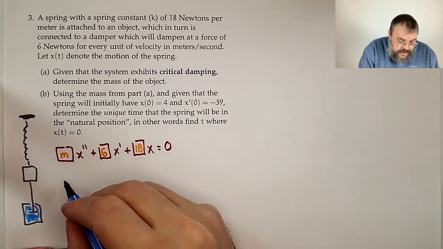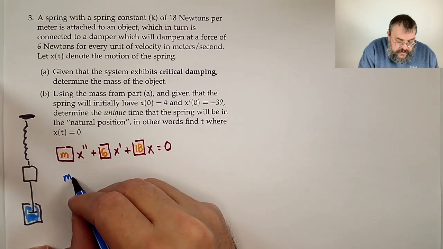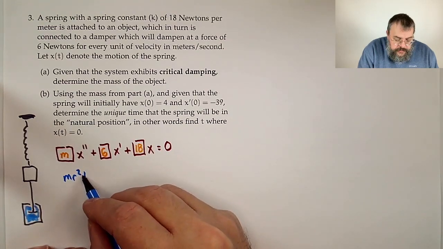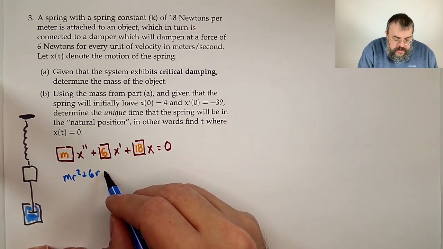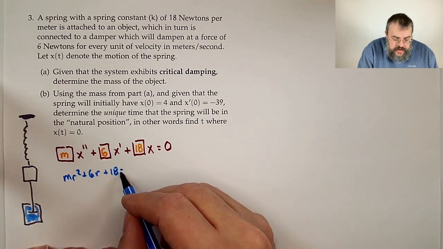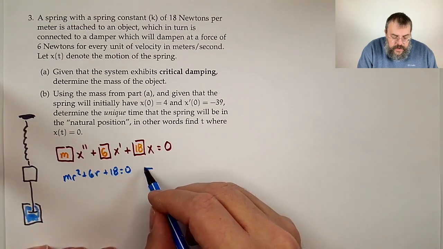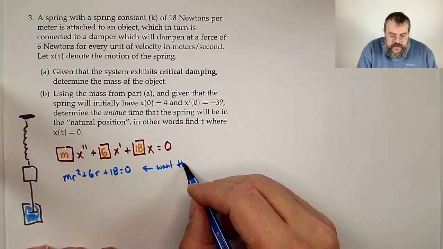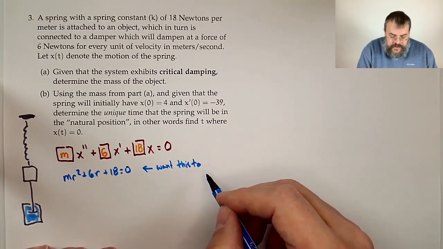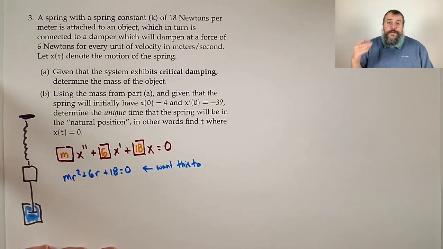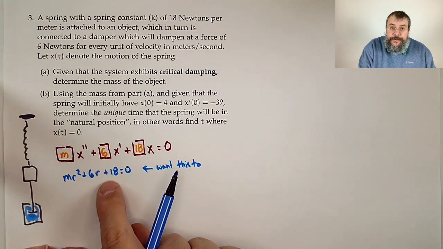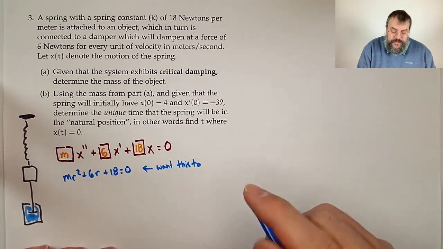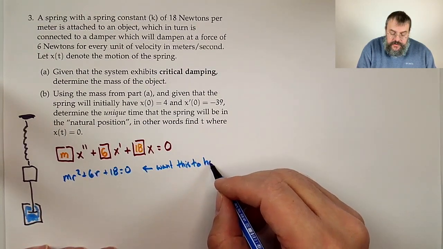So this would translate into m r squared plus 6r plus 18 equals 0. And what we want, and we haven't said this out loud yet, is, when do we know we have critical damping? We need to have repeated roots. That's the key. So we want this to have repeated roots.